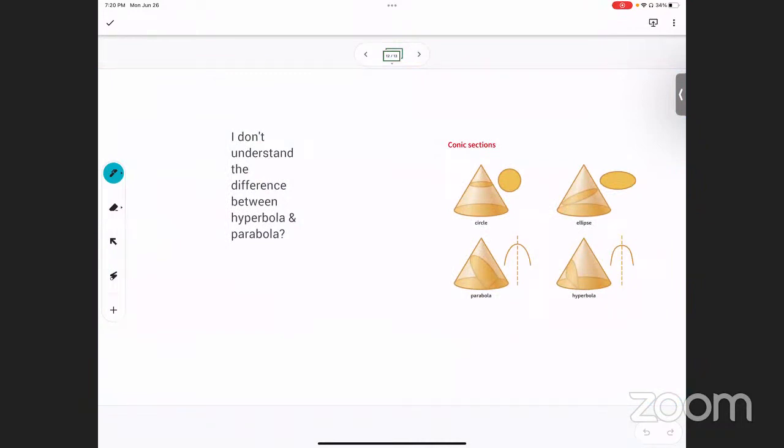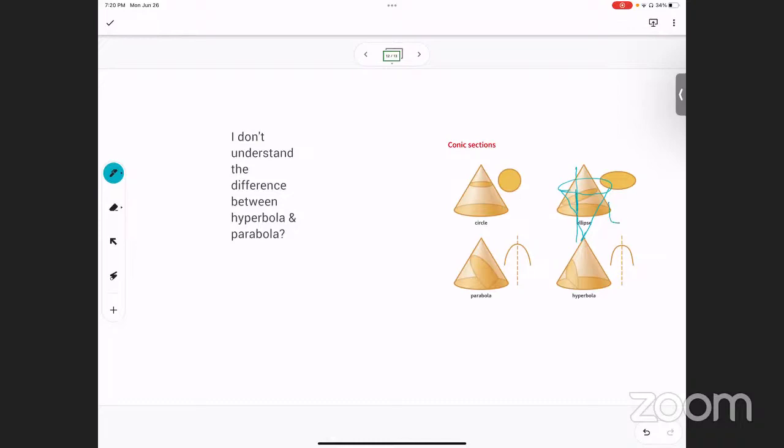What else you got here? I don't understand the difference between parabola and hyperbola. Well, they didn't draw the hyperbola very well here, because that's really not the hyperbola. The hyperbola is the cross section of a double cone. So the hyperbola would look like this, and it would have been this cross section here as well.